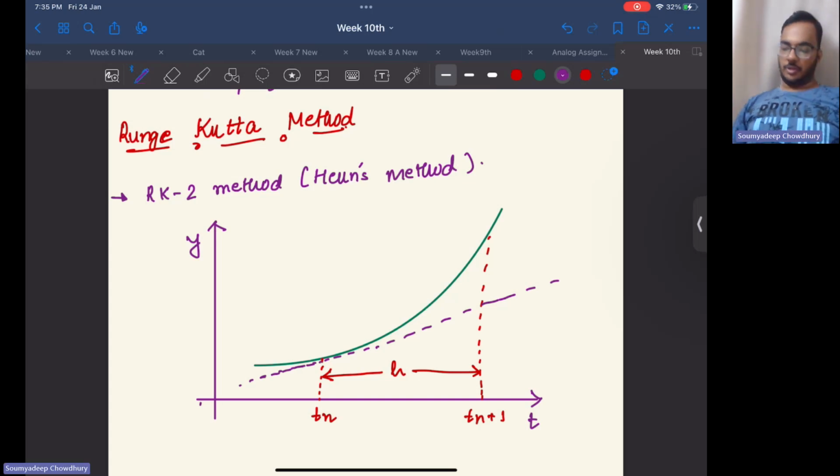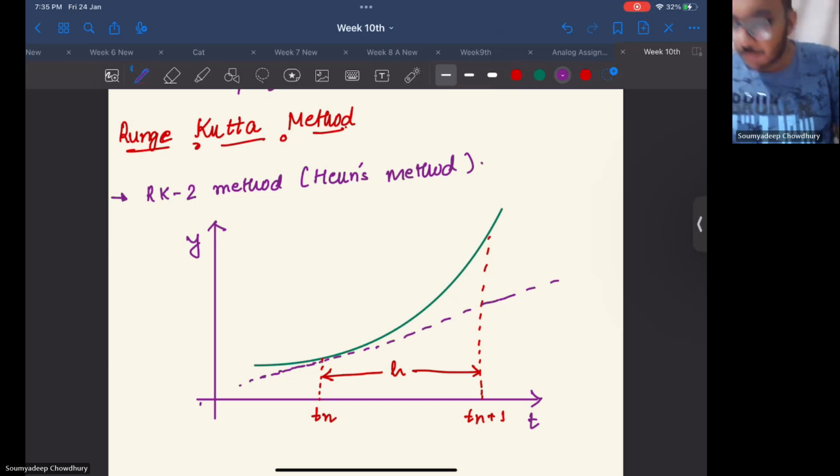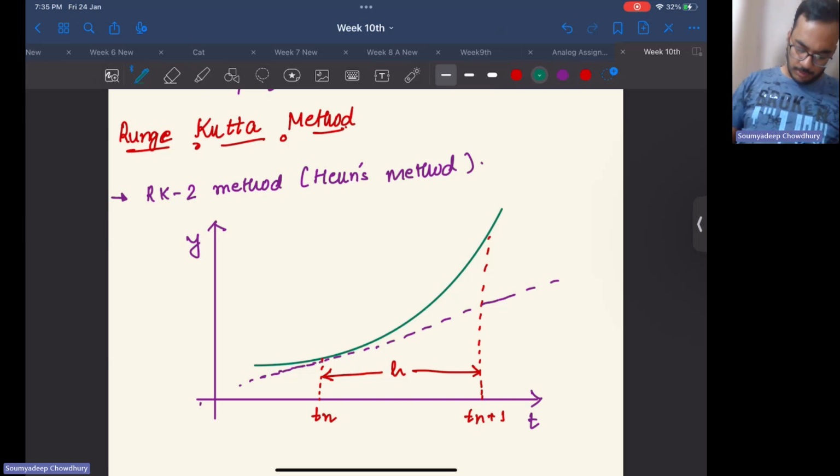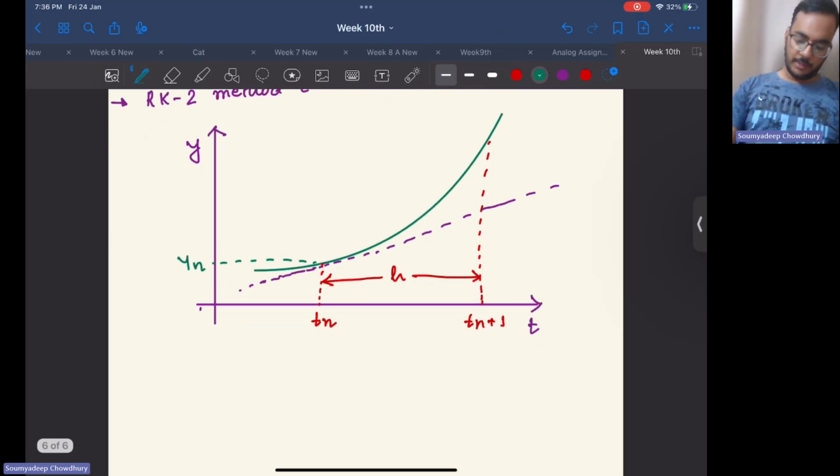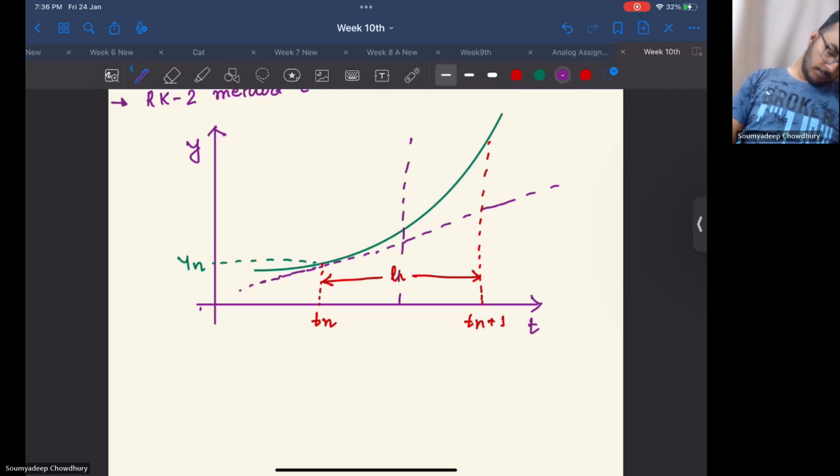So this is my tangent. This is my yn. Here we divide the step size into half. So this is h by 2 and this is h by 2.